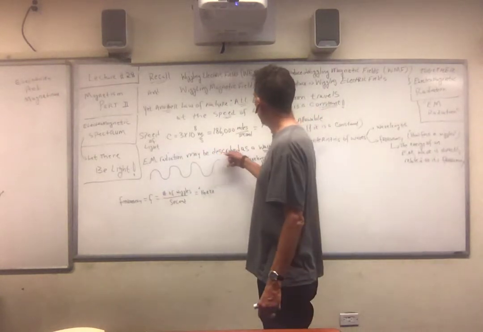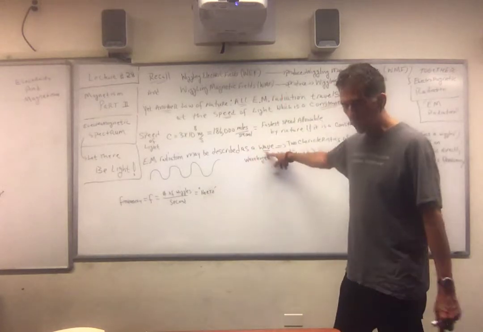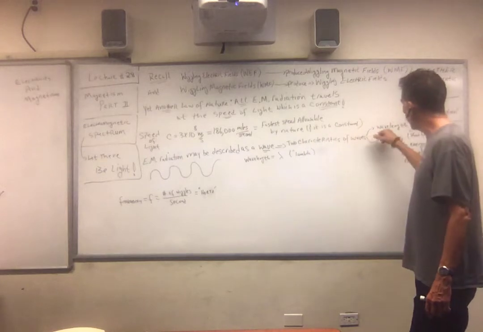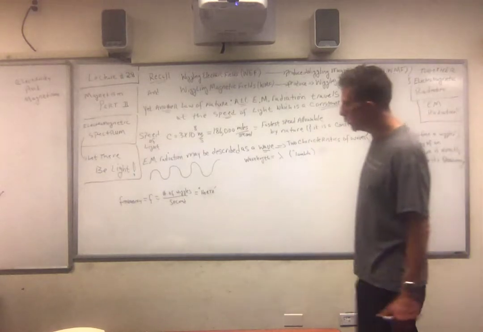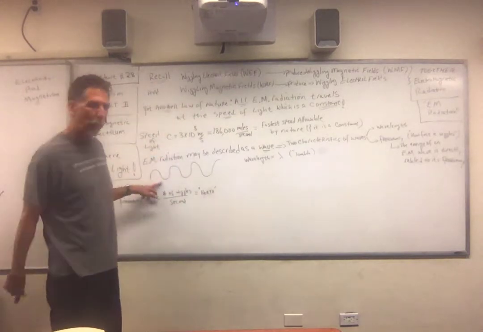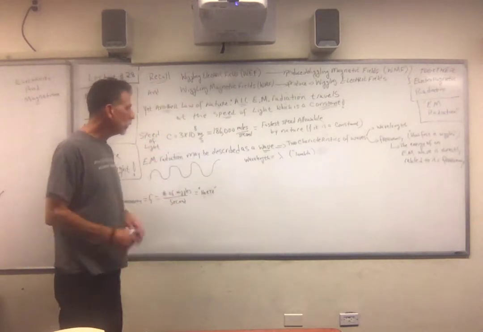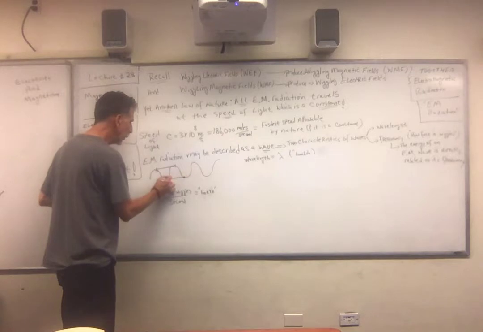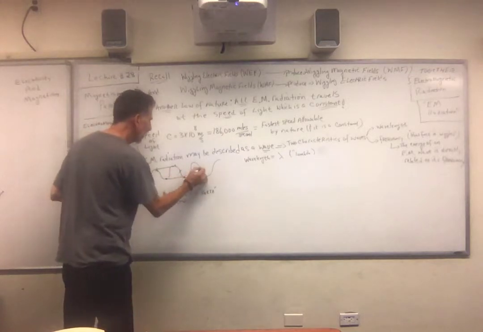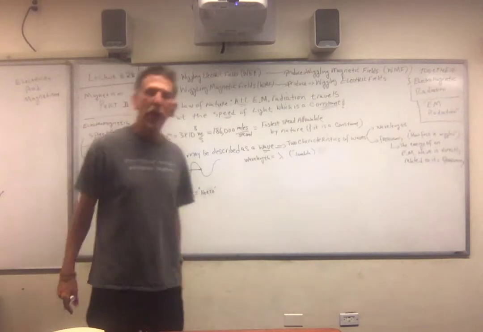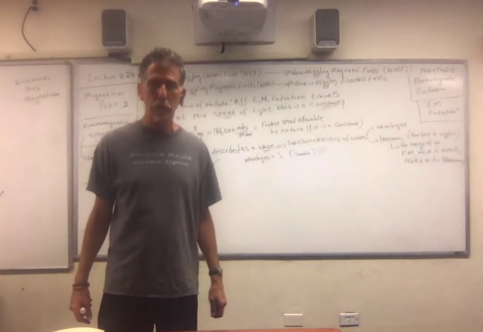Electromagnetic radiation may be described as a wave. Again, we'll have more to say about this later. There are two characteristics of waves I want to talk about: one is their wavelength, and the other is their frequency. If I make any kind of wave, a water wave, any kind of wave, the shortest distance between any two repeated points is called the wavelength.